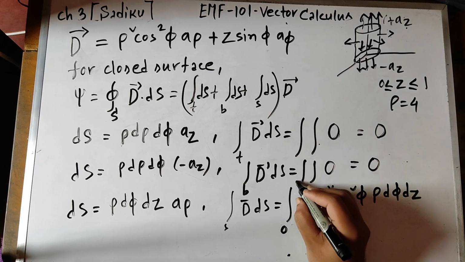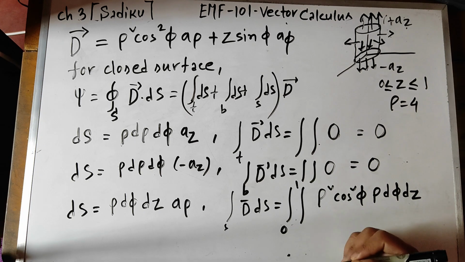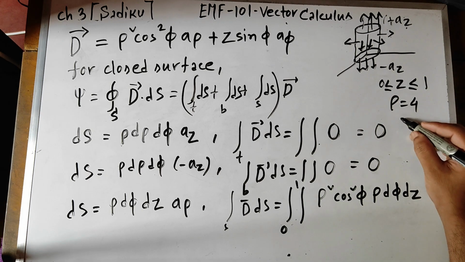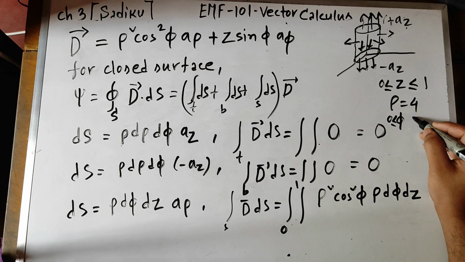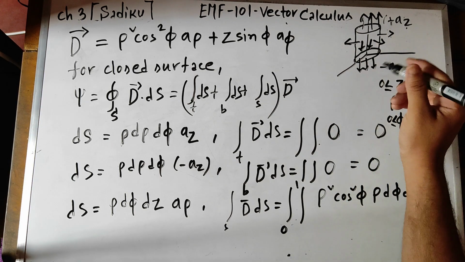Z is 0 to 1, and phi is from 0 to 2 pi, as it is spreading around like this.